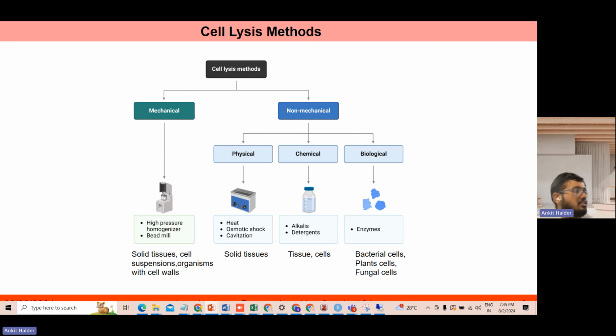So we should not use all these methods in every sample preparation. Rather, we have to choose very diligently which method to use at what time.